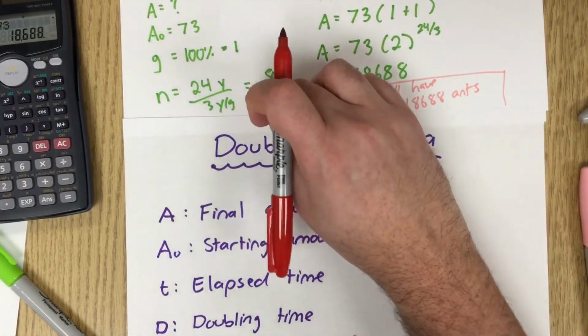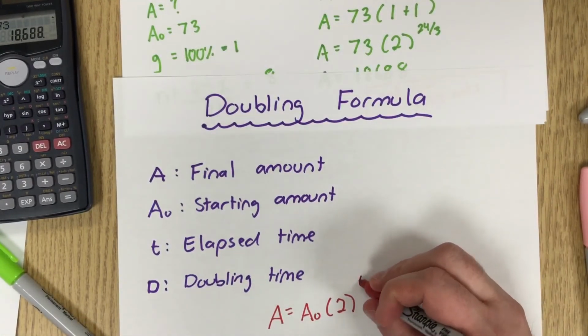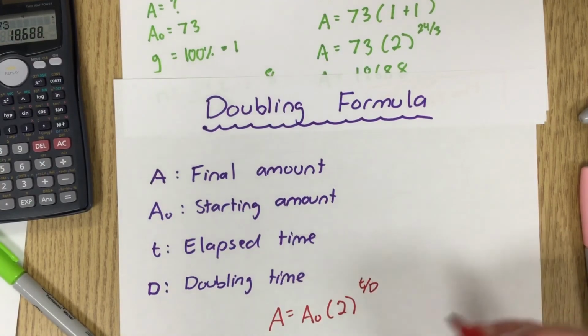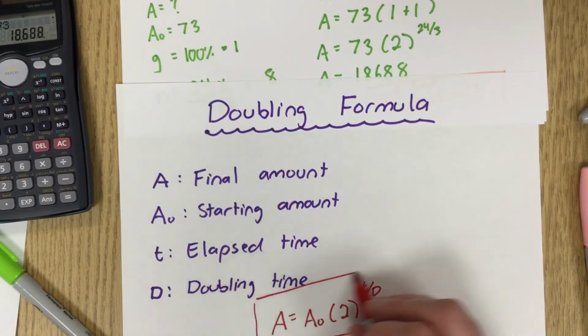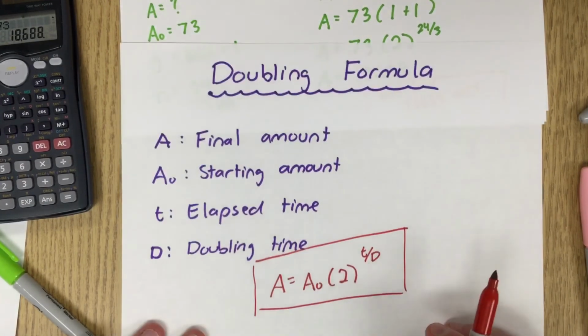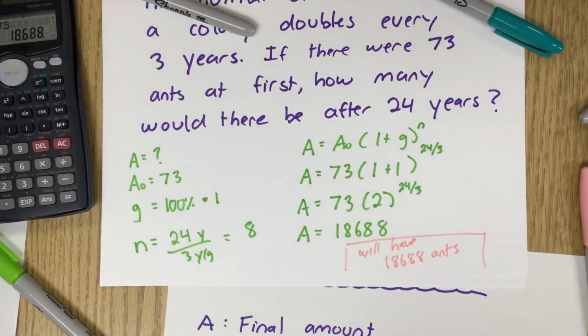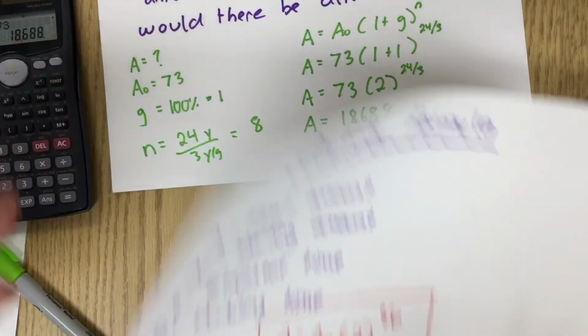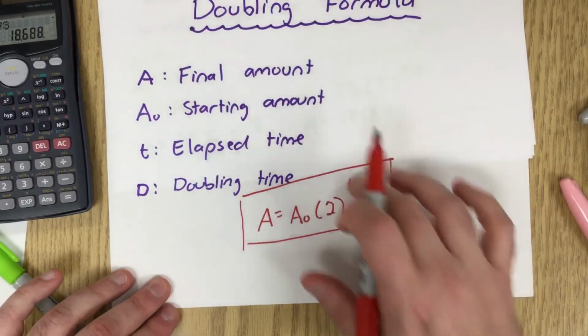And then how do we figure out the n? It's going to be the elapsed time divided by the doubling time. And this is a formula for doubling time. You don't have to use this formula. We were able to do the problem before just with the general formula. But if you have a doubling problem, then you could use the doubling formula with those variables.